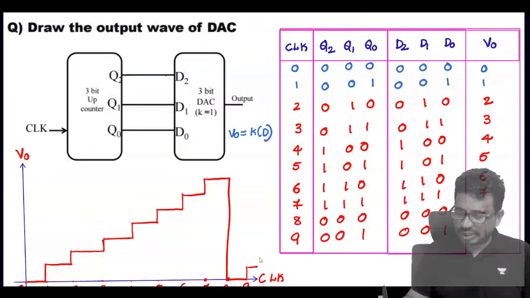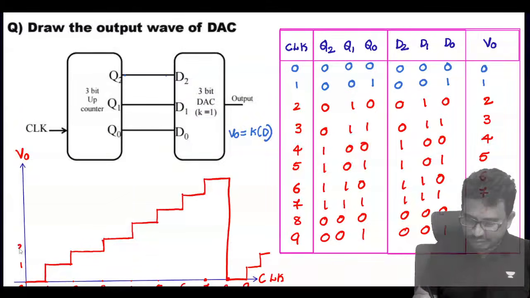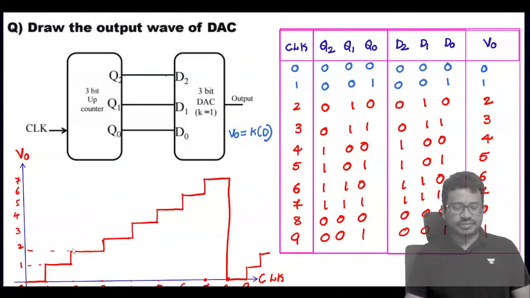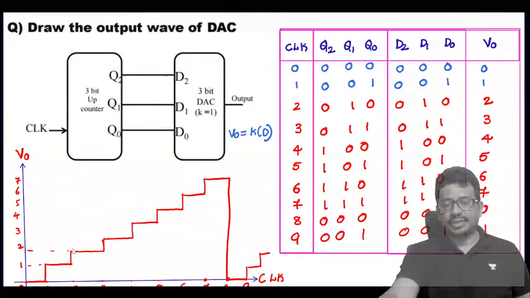The same process will be repeated again like this. It is periodic. So we have 1, 2, 3, 4, 5, 6, 7. Like that it will come. We have a staircase function. Right?